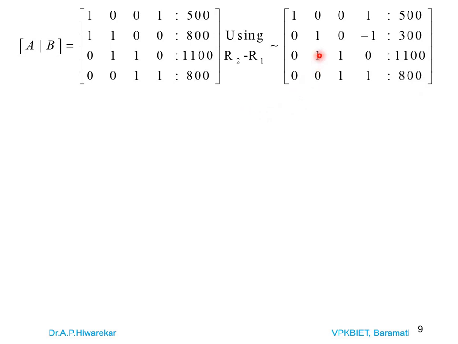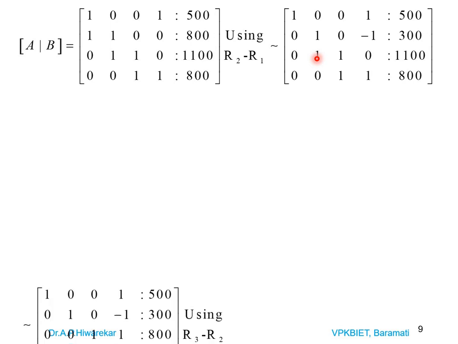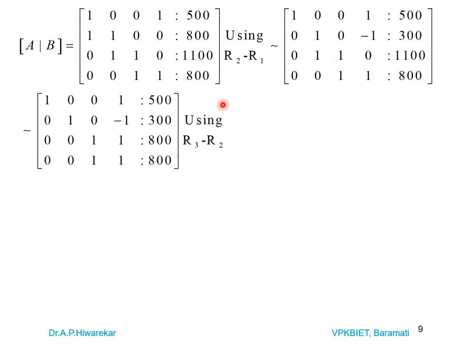Now our next target is making this position 0. For that we use the operation R3 minus R2. So the first row as it is, the second row also as it is, and the third row will be R3 minus R2, meaning 0, 1 minus 1 is 0, then 1, then plus 1, and 1100 minus 300 means 800. Obviously the last row is as it is: 0, 0, 1, 1, 800.